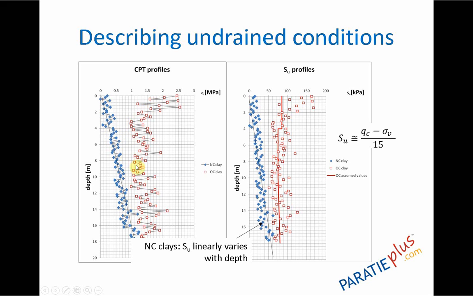Whereas when there is an initial value of CPT that may even reduce with depth or be kept constant, it is typical for an over-consolidated soil. And these are the undrained shear strength profiles for these two kinds of soils.